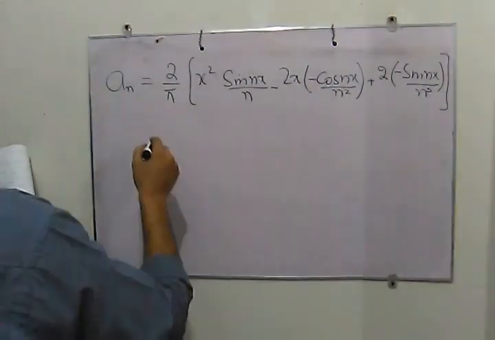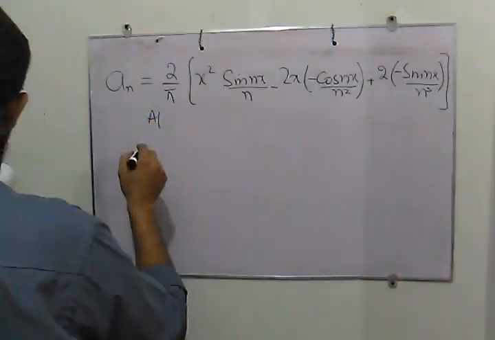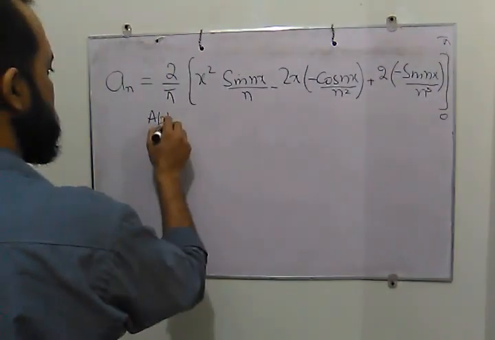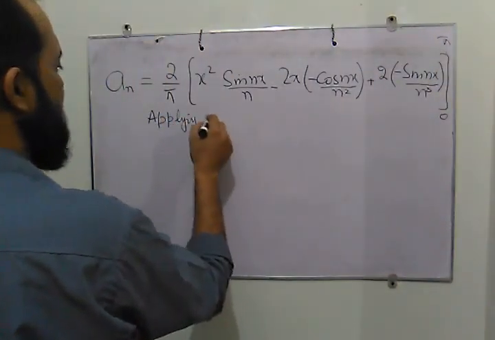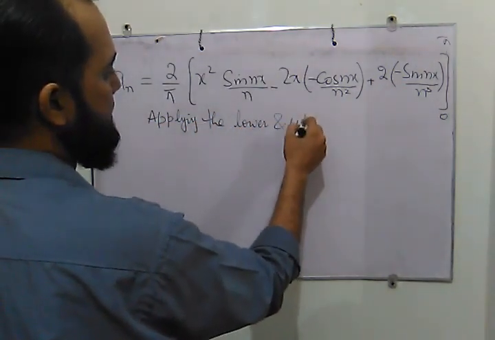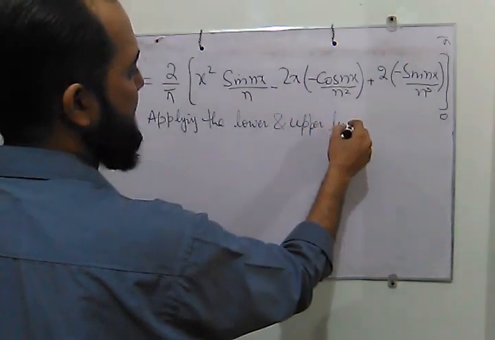So we are applying the upper and lower limit, this is 0 to pi, we are applying the lower and upper limit here.